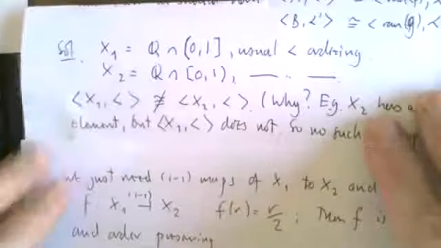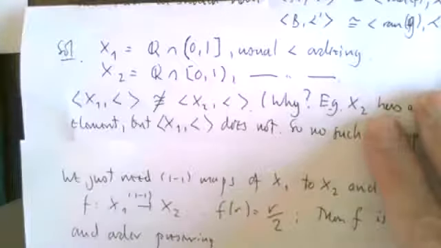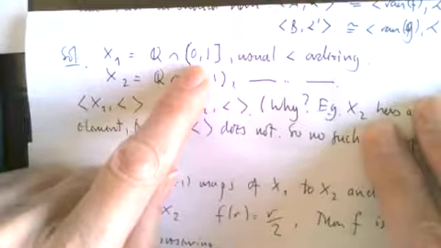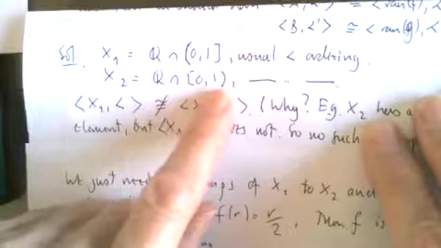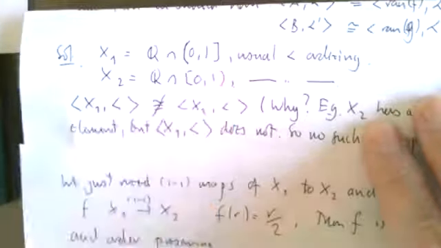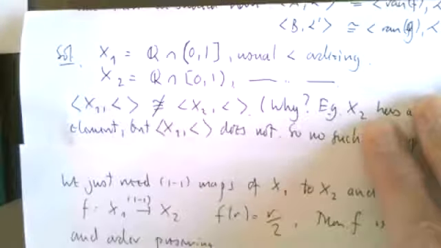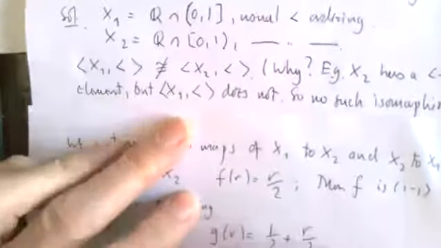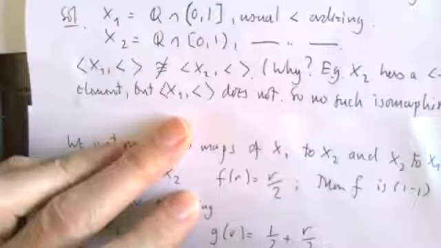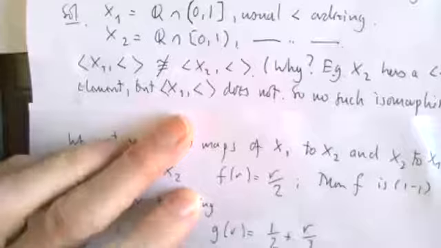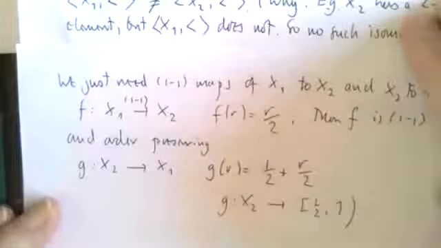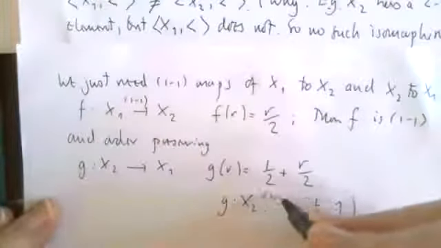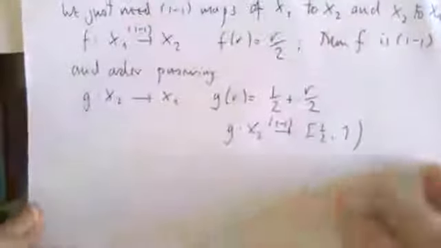Now you can see what happens: 0 gets sent to a half, which is inside the interval X1. And all the other things just get sent to a half plus half of the other rational. So g sends X2 into the interval from a half up, and it doesn't use the endpoint 1. But again, it's one-to-one and order preserving.